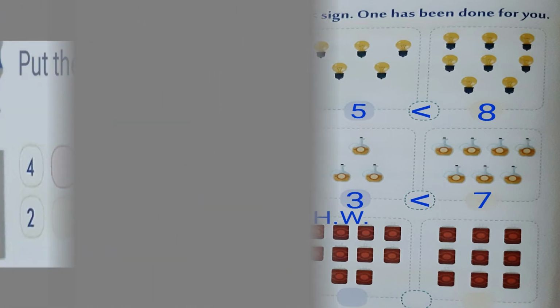And now all of you open page number 25, children. Read the heading. Put the sign greater or lesser in the boxes. Here they have given the numbers. We have to keep the greater than sign or lesser than sign.